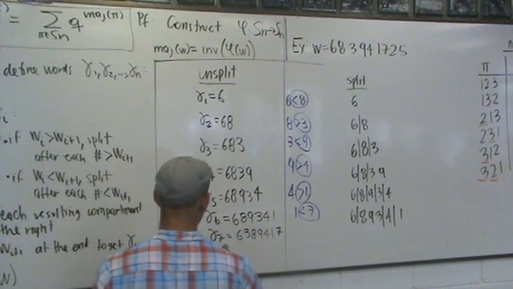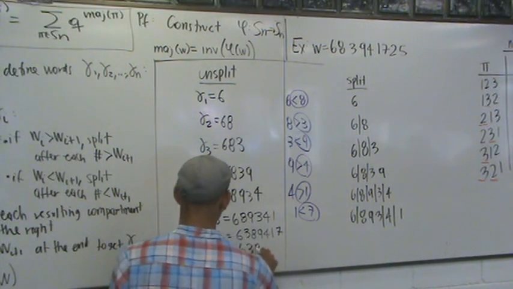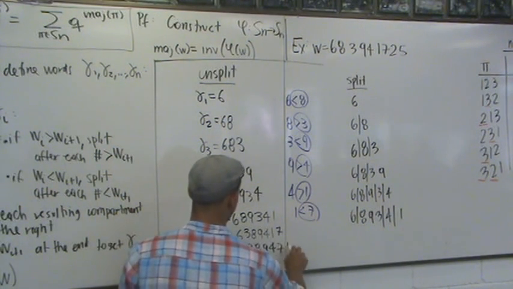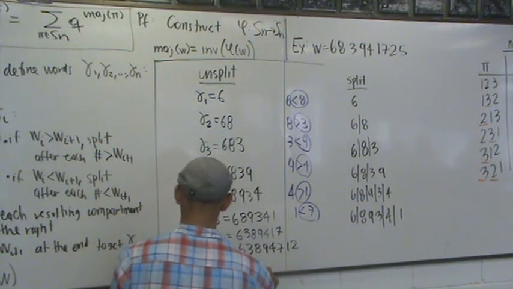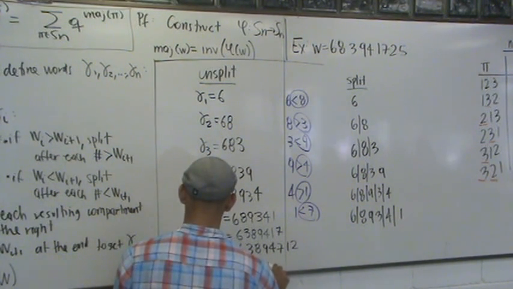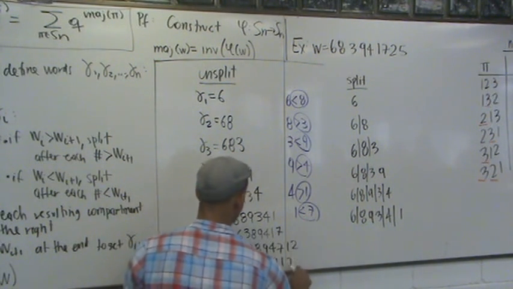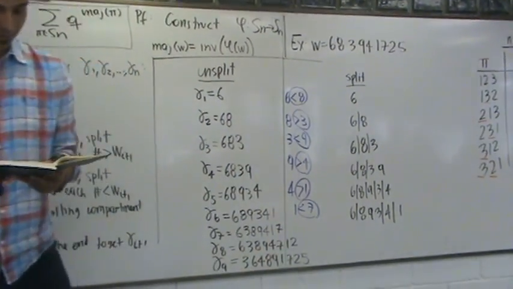I'll just tell you what gamma 8 and gamma 9 are. Gamma 8 is 6, 3, 8, 9, 4, 7, 1, 2, and gamma 9 is 3, 6, 4, 8, 9, 1, 7, 2, 5. Okay?